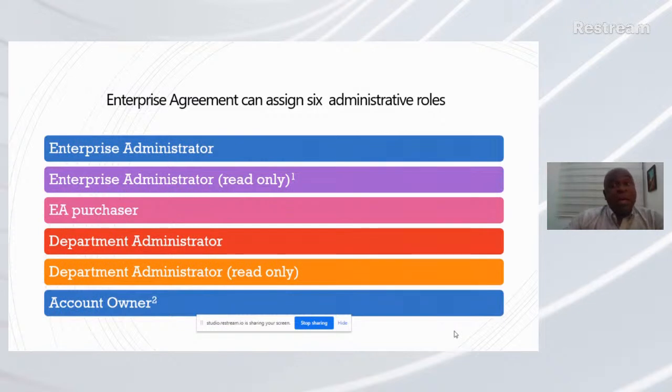If you have an enterprise account, you need an administrator, who has full access. Another role is read-only for the administrator. You also have the enterprise administrator purchaser, just as you see on the screen.